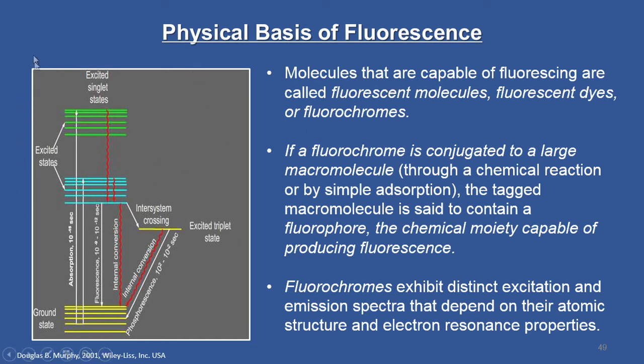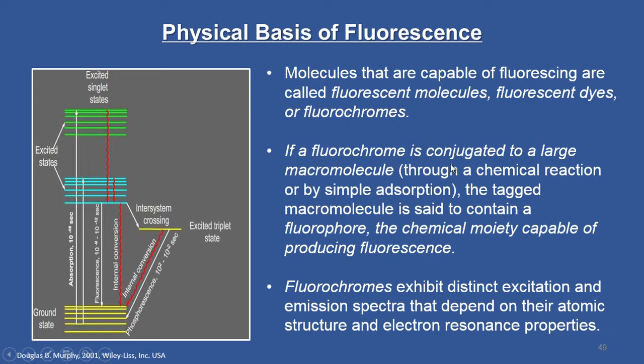This particular schematic is known as Jablonski diagram. So if the fluorescent molecule absorbs the photons, and these are all the energy states, we will first see the remarks and then we will come back to this individual transformation. Molecules that are capable of fluorescing are called fluorescent molecules, fluorescent dyes, or fluorochromes.